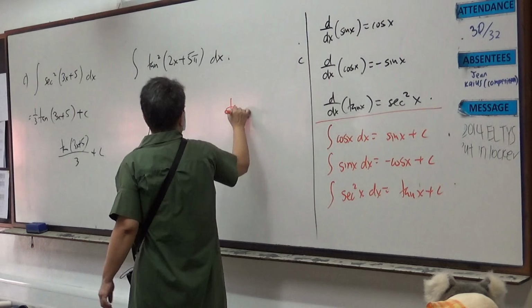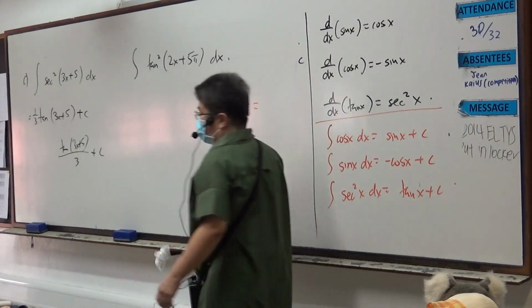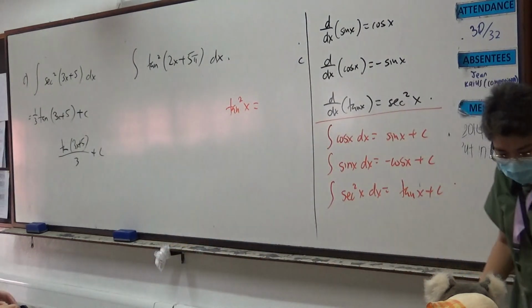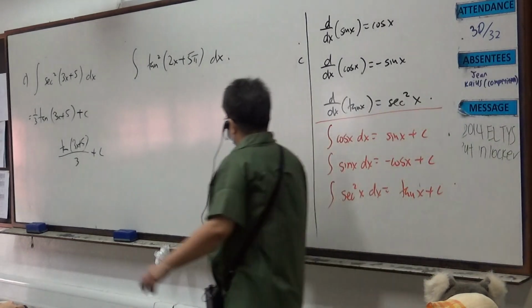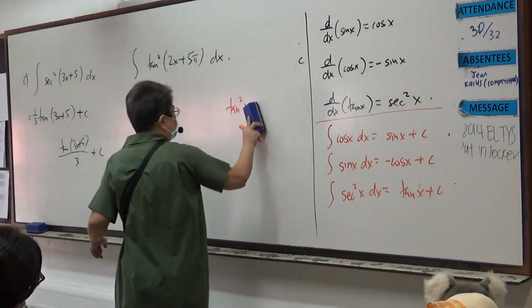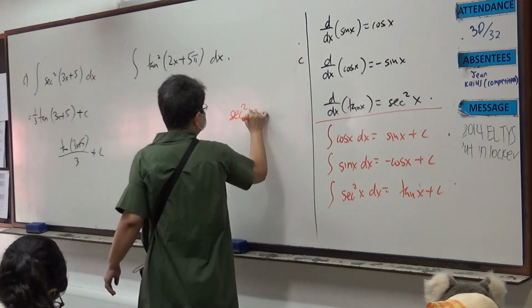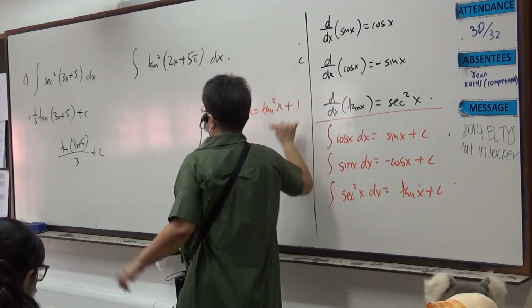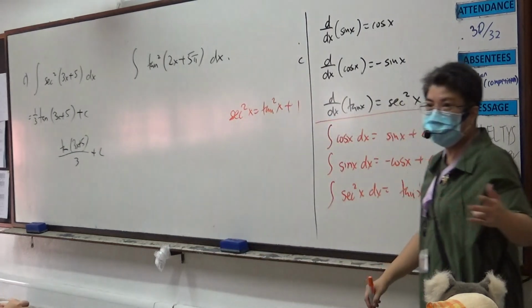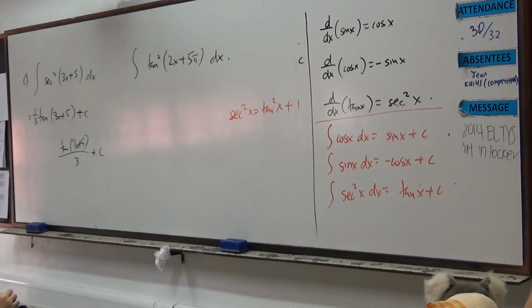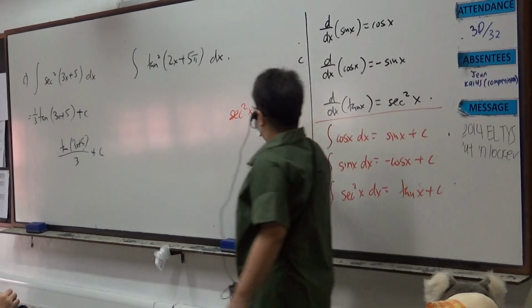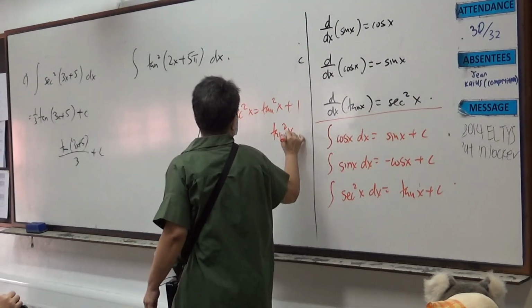Don't know whether you remember or not. Okay, maybe I should write the other way around. Secant square x is actually tangent square x plus 1. Last year you learned before. It's in the formula list. Okay, so what about if I have tangent square x?